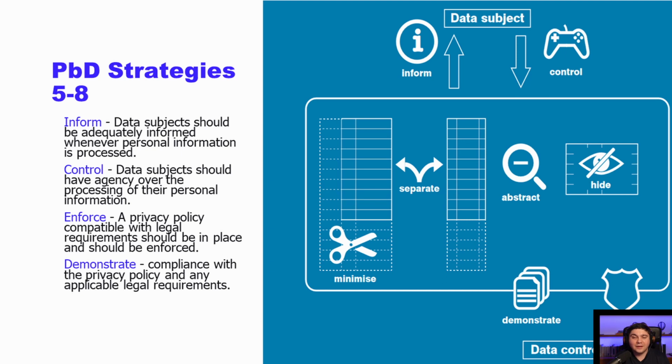Enforce means that a privacy policy compatible with legal requirements should be in place and should be enforced. Demonstrate means that compliance with the policy and any applicable legal requirements should be made accountable by the controller.